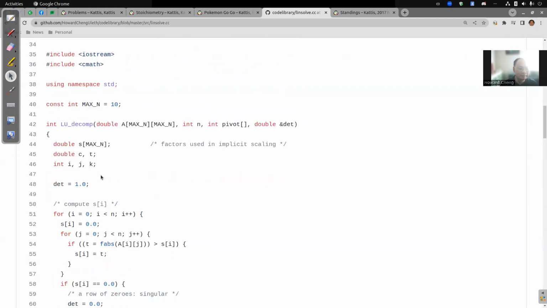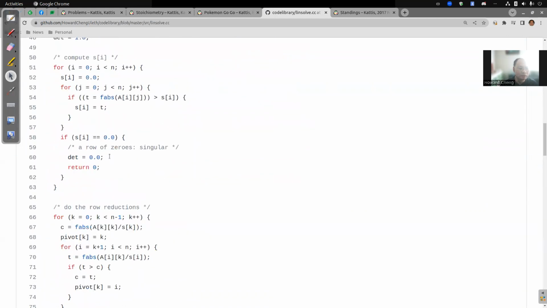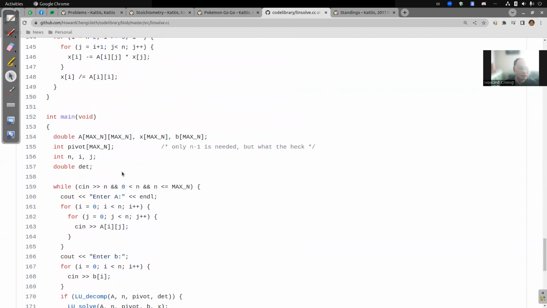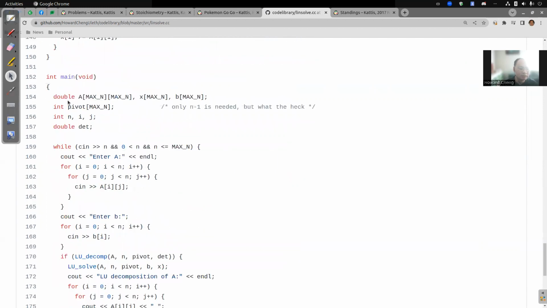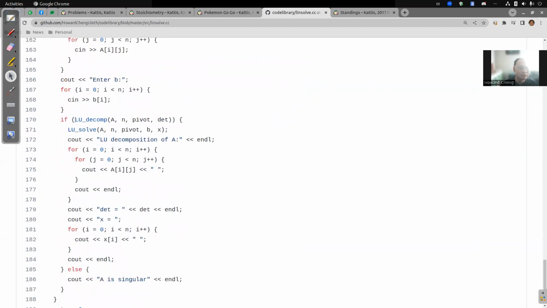And then you have to call this function. This shows you how to do this. Everything is in double, so that's not what you want to do, but if that's your problem, then you do it. You set up your coefficient matrix. You set up the right-hand side. Then you call LU decomposition with these parameters, and then you call LU solve to actually get the unknown value x.